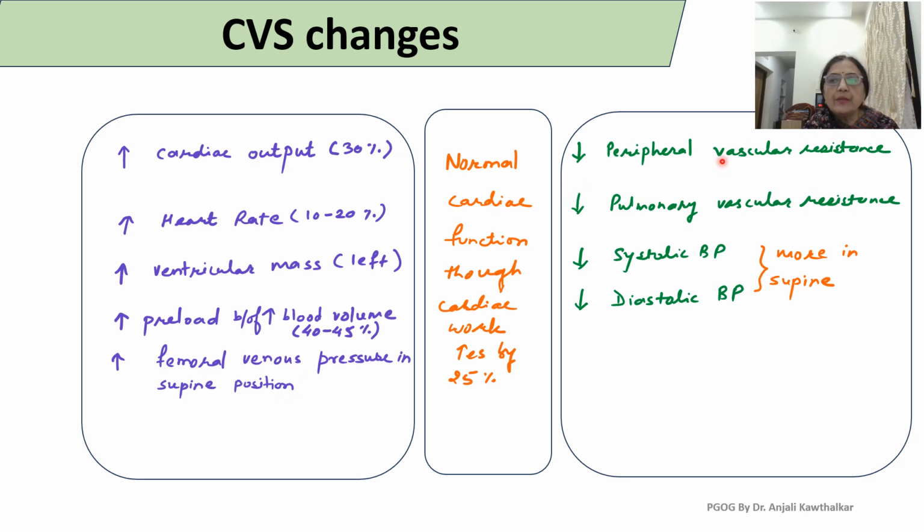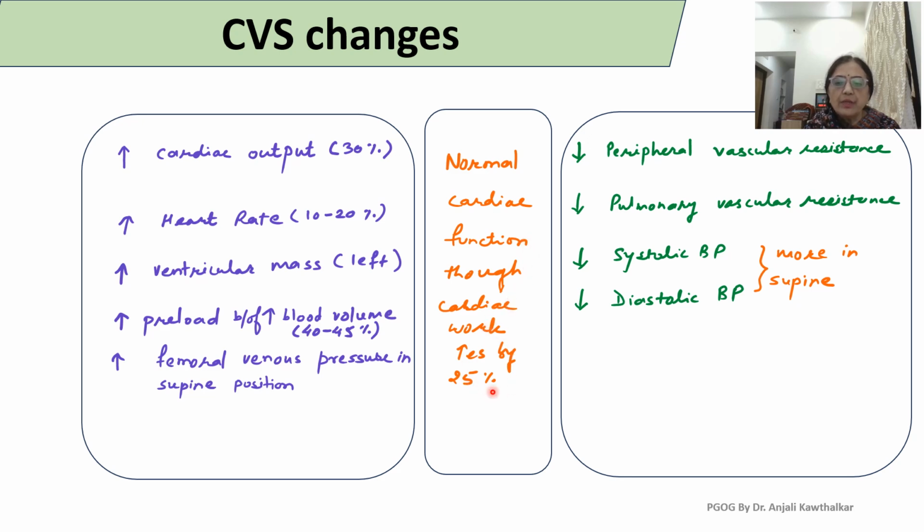There is a fall in peripheral vascular resistance, there is a fall in pulmonary vascular resistance, and there is an associated fall in systolic and diastolic blood pressure, which is more pronounced in supine position. And if we compare this, there is a greater fall in diastolic blood pressure as compared to the systolic blood pressure. There is a normal cardiac function, though cardiac work increases by 25%.